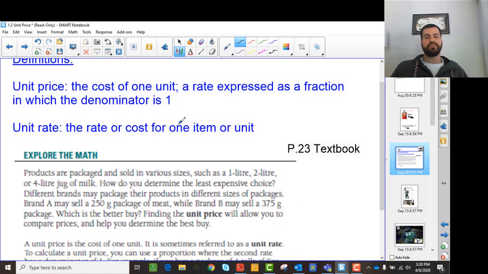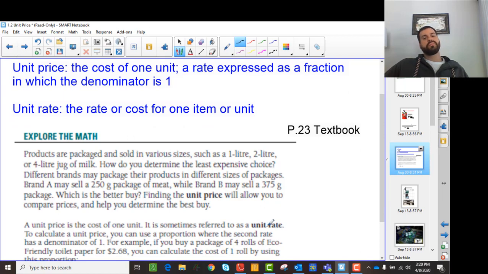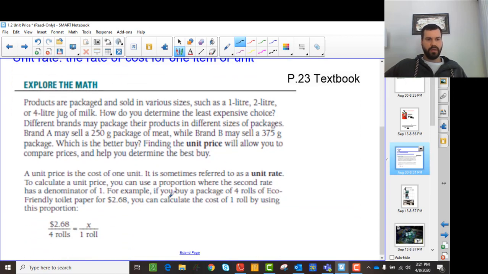So one's 250 grams, or it's 375 grams. So even though I'm looking at a price and I might say, well, B has a bigger price, it also has more grams. So what's the unit price? The unit rate or the unit price is what I just told you, cost versus quantity.